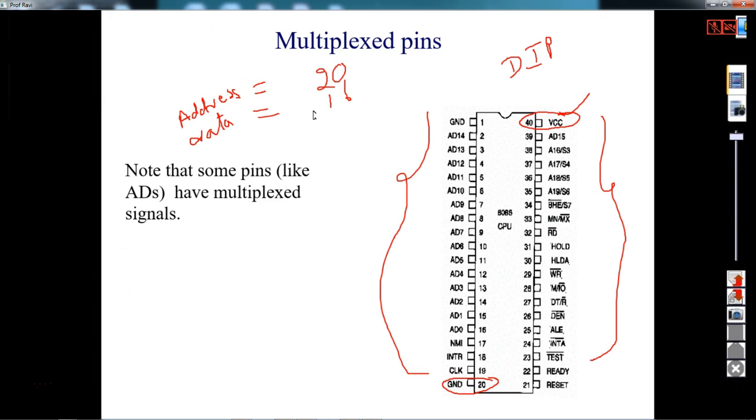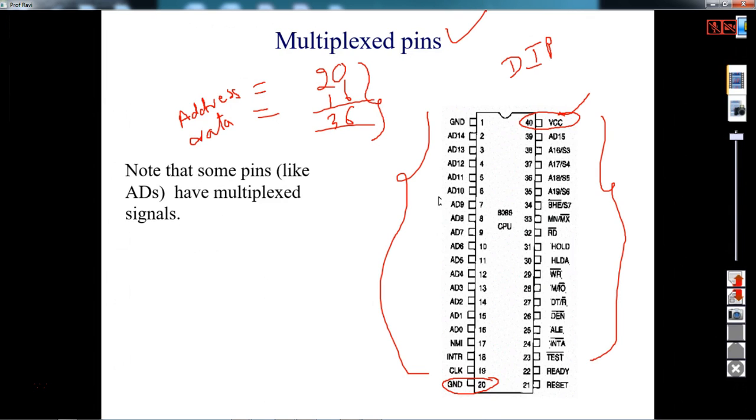Out of 40 pins, these 36 pins would go for the address bus and data bus only. So to reduce this, they multiplexed the address and data buses.